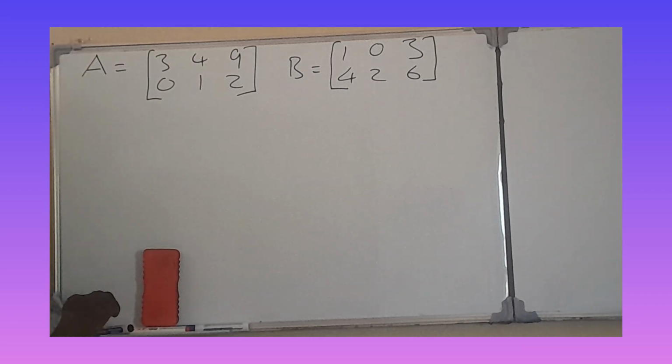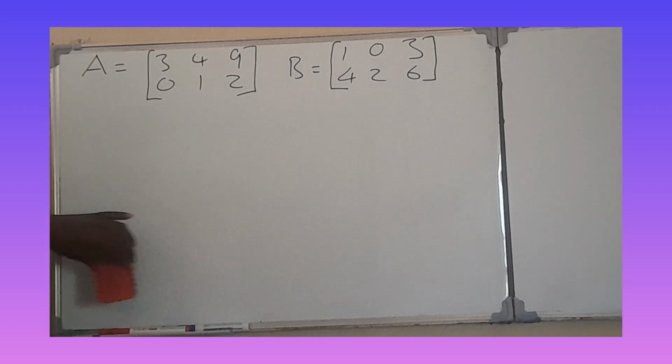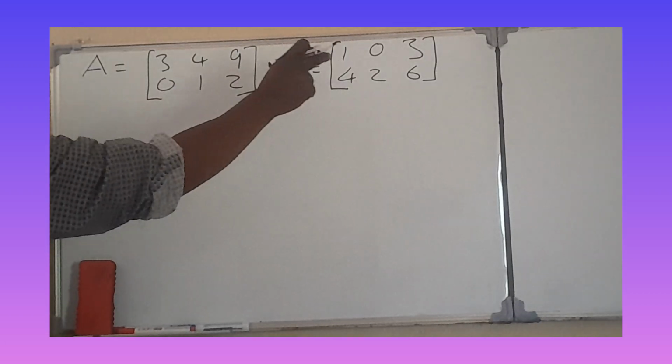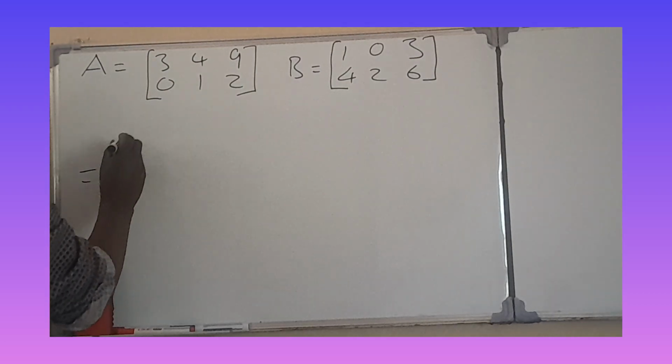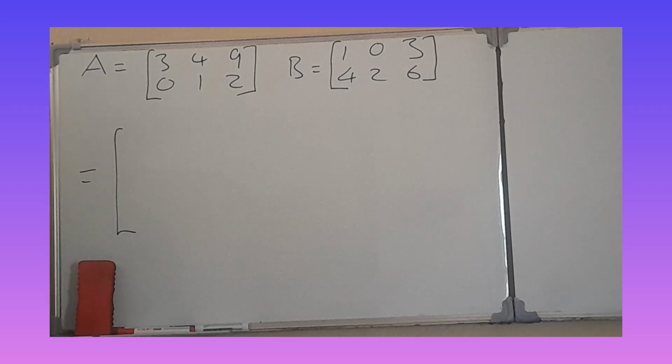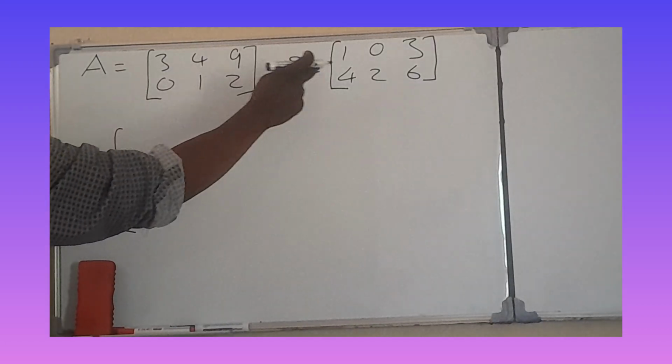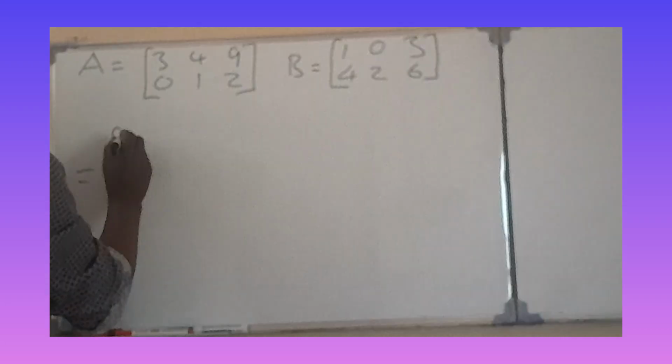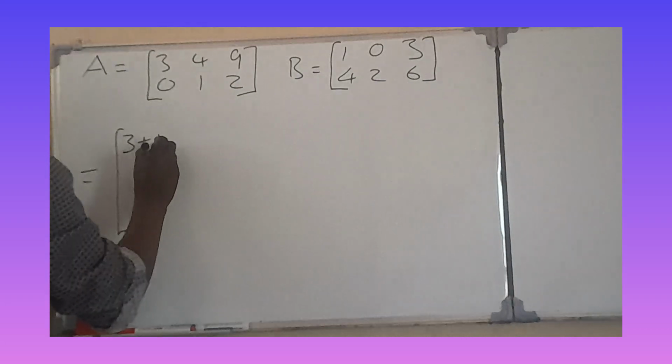Now how do we add such matrices together? We add corresponding elements. Let's write the big matrix here, which will be the result of A plus B. So, our first element is 3 plus 1. 3 must be added to the corresponding element in matrix B. So, it is going to be 3 plus 1.